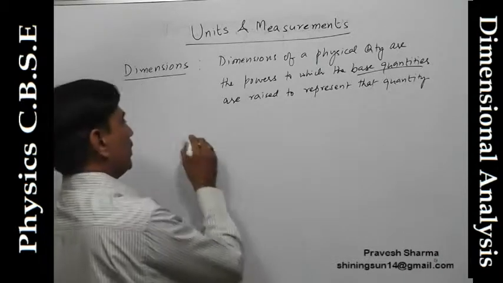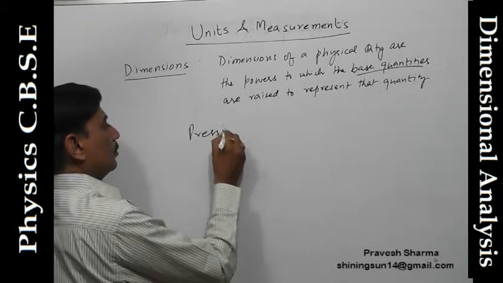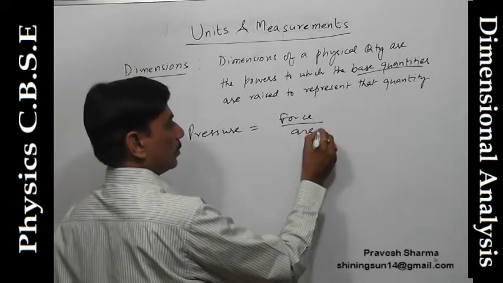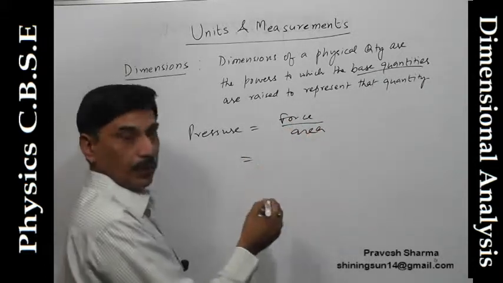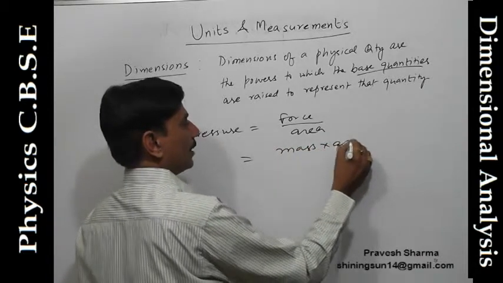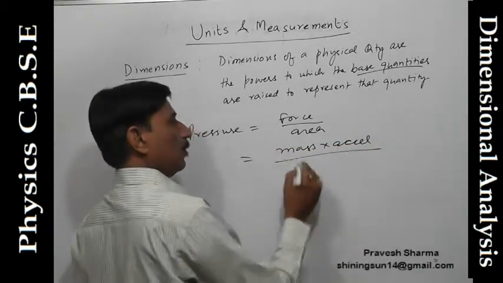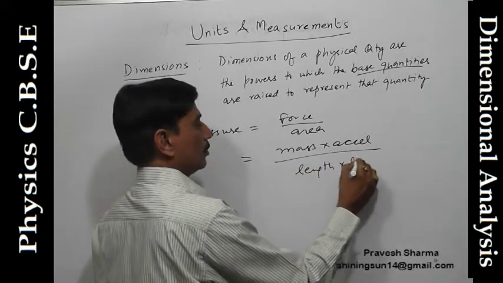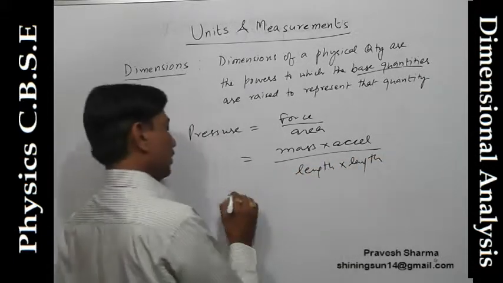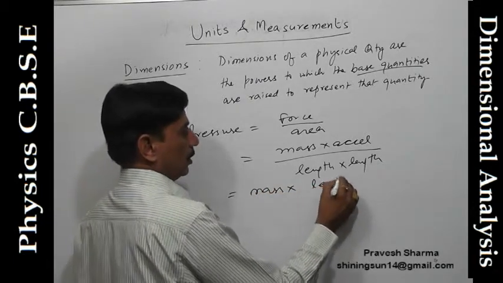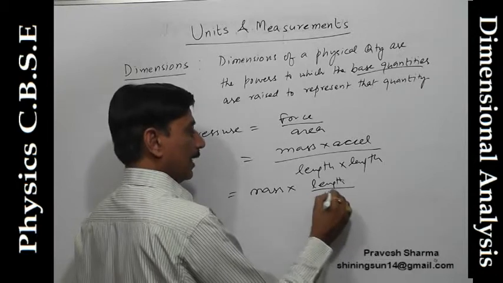Similarly, if someone says pressure, what is it? Force upon area. Force is what? We have just done. Force is mass into acceleration, upon area. Area is once again length into length. So it is equal to mass into acceleration, which is length upon time square.